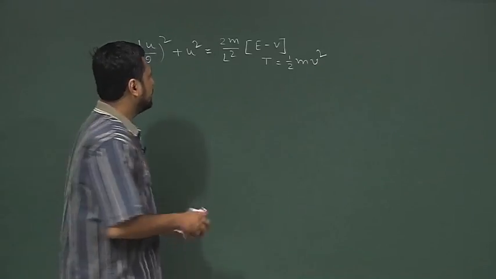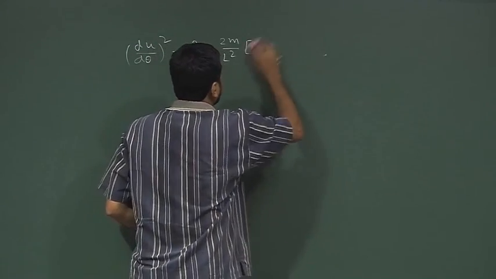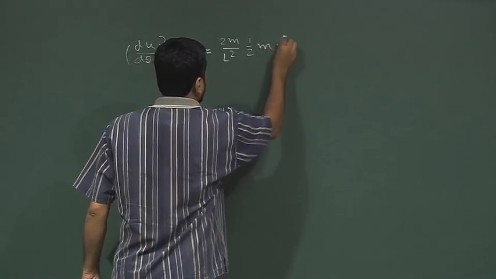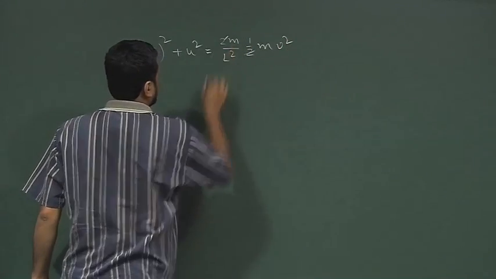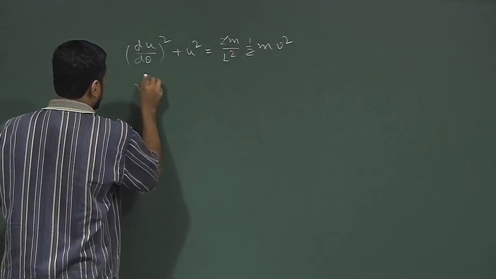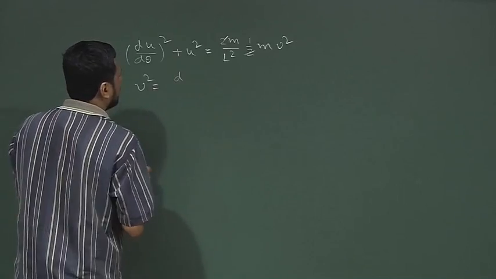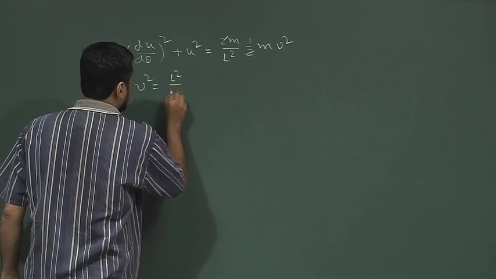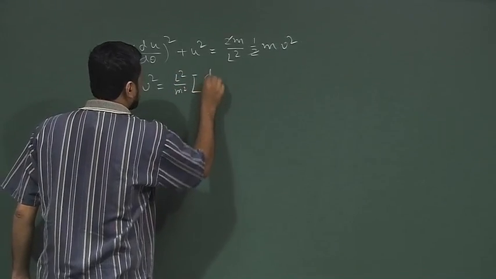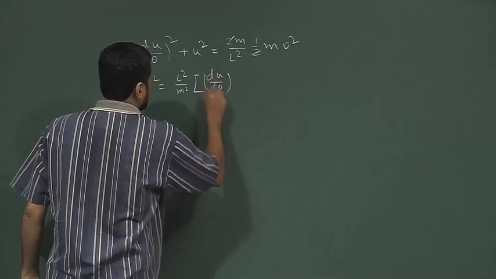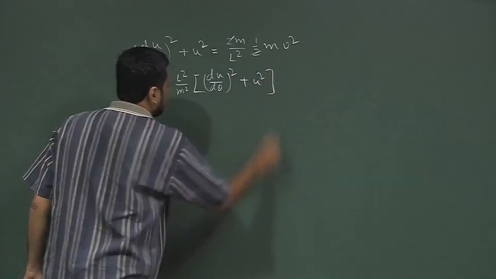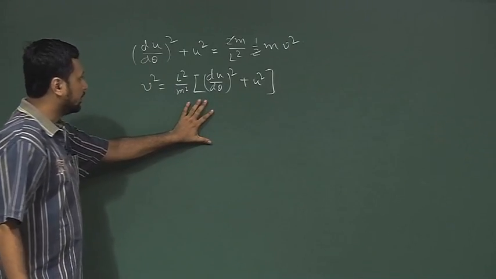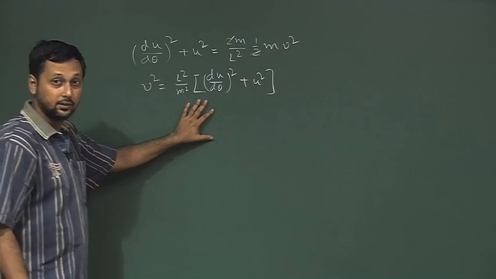Once we do this substitution, 2 cancels out, and we get a relation that v² is equal to L²/m² times ((du/dθ)² + u²). So this is a general expression for the velocity for any central orbit.